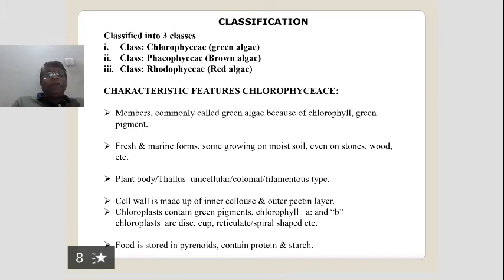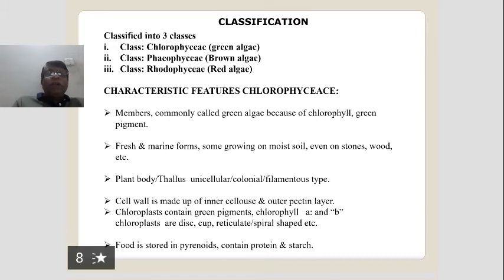Okay. Now, occurrence. What you call habitat. Where they are growing or occurring in nature. The members of the class chlorophyceae are aquatic. Aquatic means found growing in fresh water.